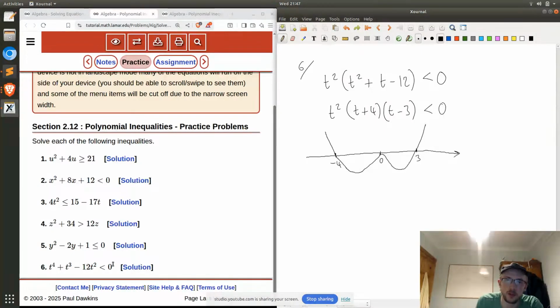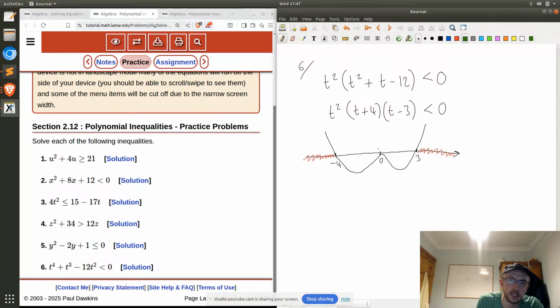No, that's not true. So that region there is excluded. Same logic for a massive negative number, and that region there is excluded. But what about the two middle ones? I think they are valid, but you have to check.